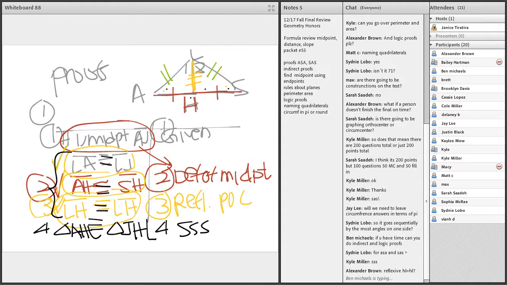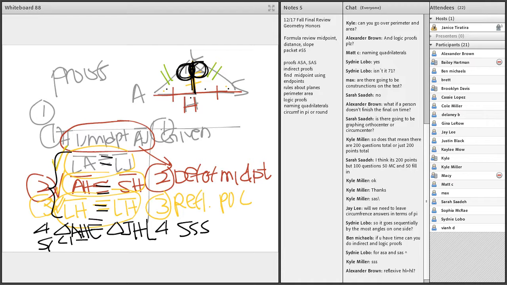And from here, number 5, we have to choose wisely. Number 6 says LH bisects angles 1 and 2. So at this point, you want to read the last sentence before jumping to conclusions. I want to mark 1 and 2 now, because that'll show that LH did cut it in half.